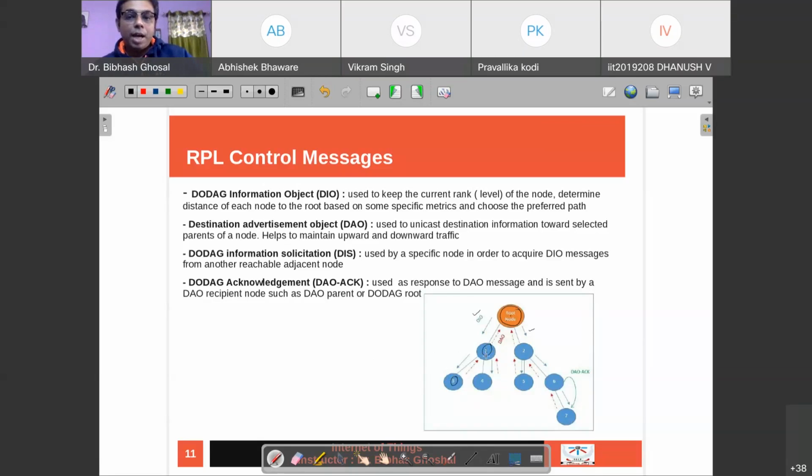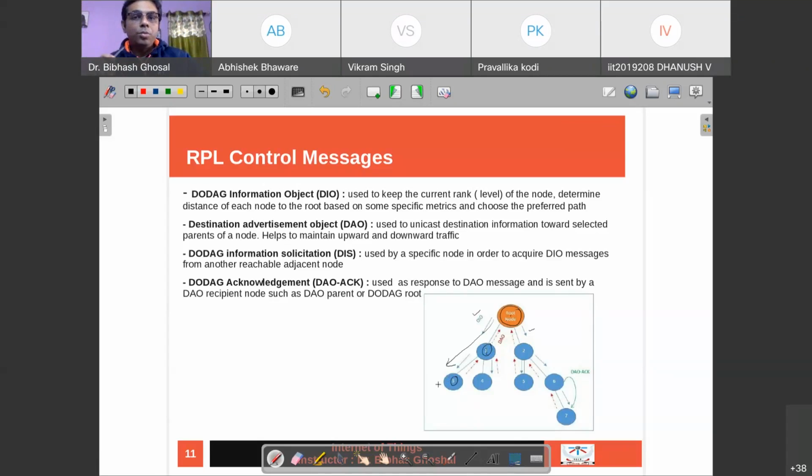Well, 3 decides that I will take 1 as my parent. The moment it decides that, this path is established. It is from root to 1 to 3. So any data that you're going to be sending to the root will go from 3 to 1 and from 1 to root. So see, the path gets established.